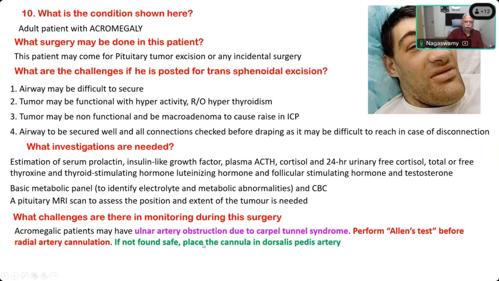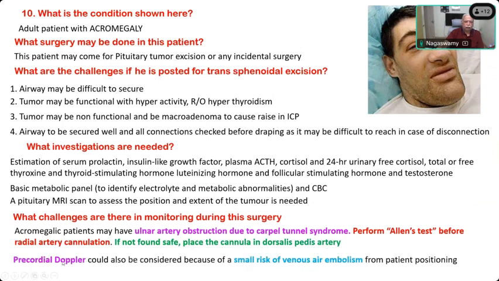If not found safe, place the cannula in dorsalis pedis artery, and precordial Doppler to avoid the risk of venous air embolism because the patient is going to be in the head-up position. These are the two things very specific to this particular surgery, apart from the other routine monitoring. What are the intraoperative challenges?